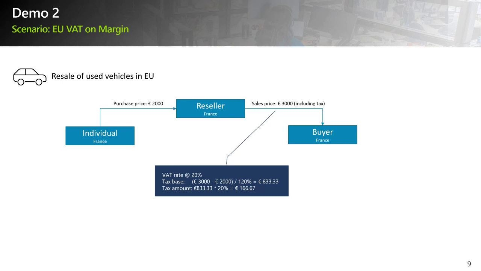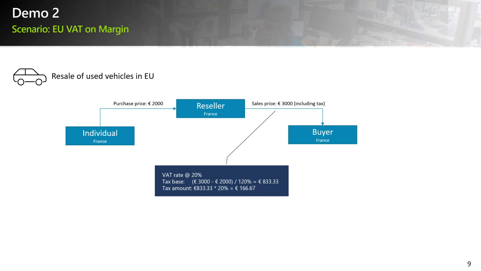For example, here, the reseller purchased a used car from an individual for 2,000 euro without VAT and resold it at a price of 3,000 euro, including VAT.